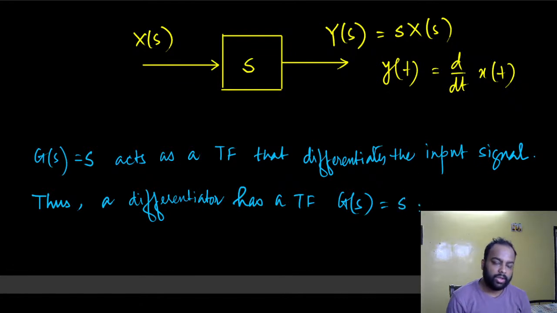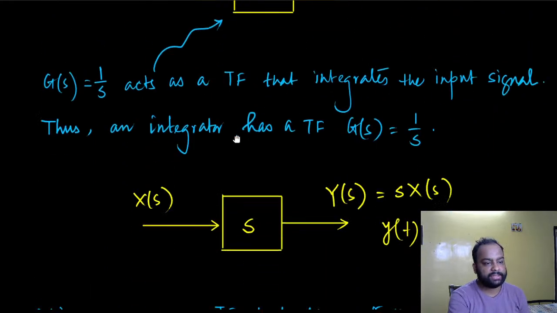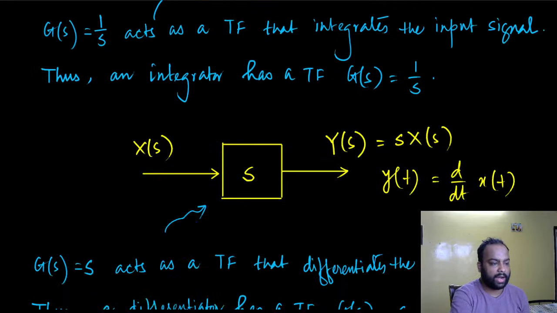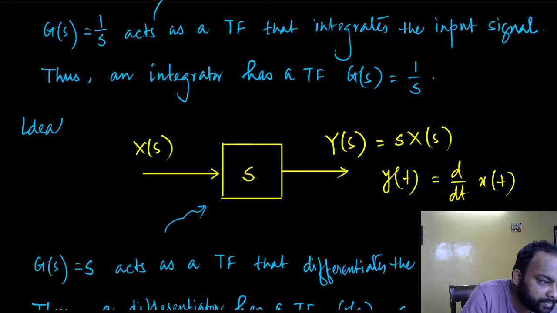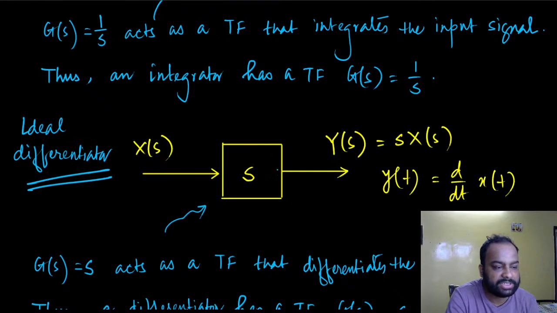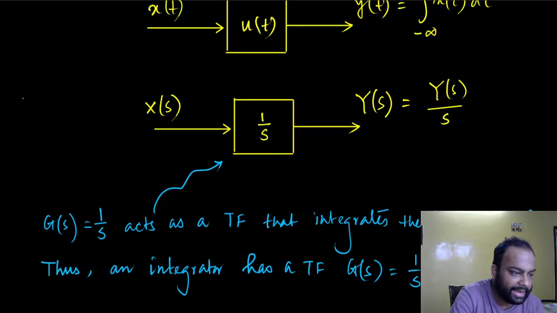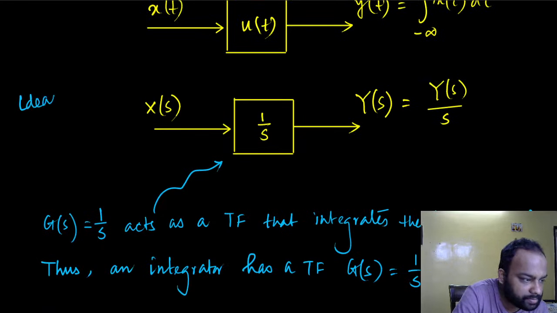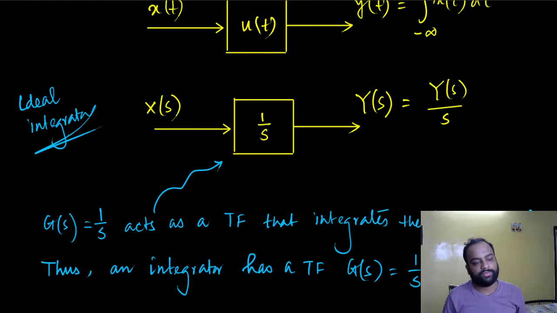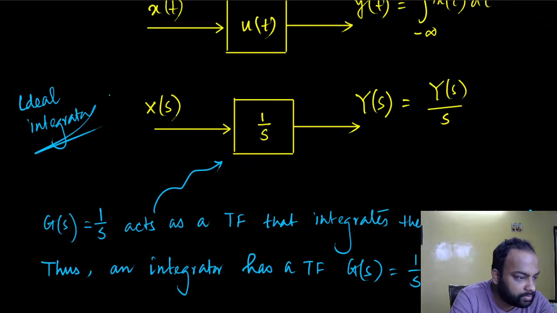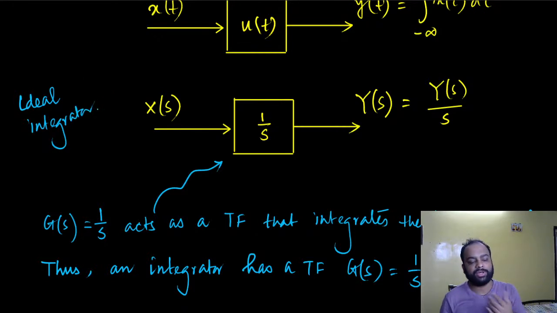That's it. So this is called an ideal differentiator, and this is called an ideal integrator. An ideal differentiator would have a transfer function of s. An ideal integrator would have a transfer function of 1 by s. All right.